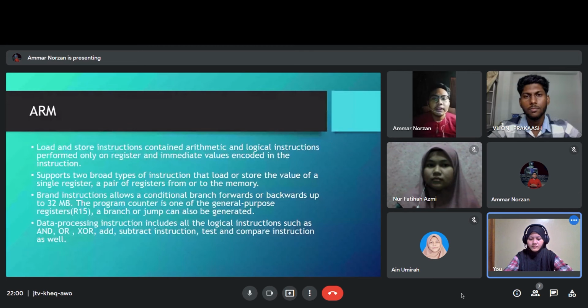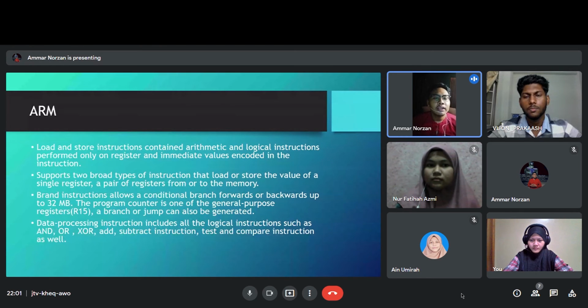For ARM operation types, load and store instructions contain arithmetic and logical instructions performed only on register and immediate values encoded in the instruction. It also supports two broad types of instruction that load or store the value of a single register, or a pair of registers, from or to memory. Branch instructions allow a conditional branch forwards or backward up to 32 MB.